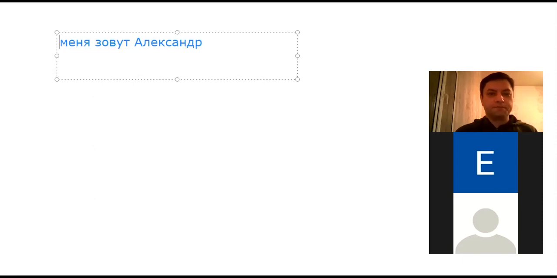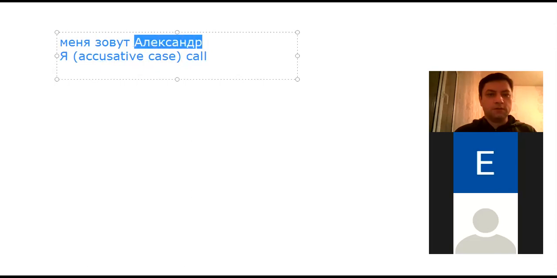I'll just mention: first, меня is я in the accusative case. Зовут means call, and Alexander is a name in the nominative case.